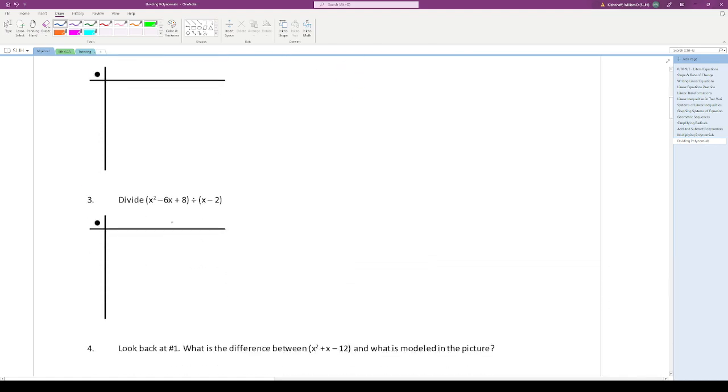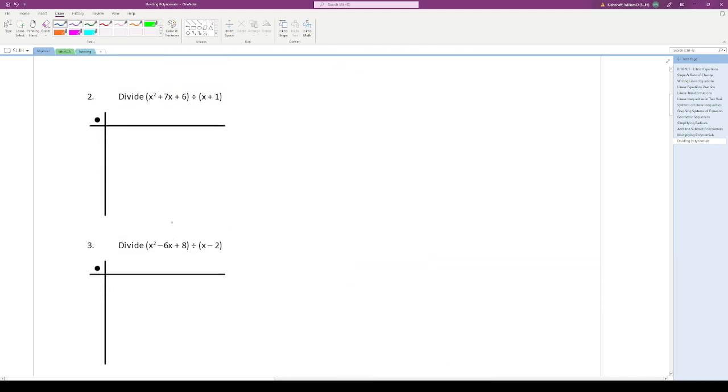Let's take a look at filling one out from scratch on number 2. Recall that the thing we're dividing by, our divisor, is going to go over here on the left. So this is going to be x plus 1. Our dividend, the thing we're dividing out of, goes on the lower right.